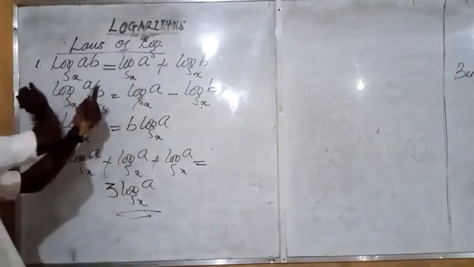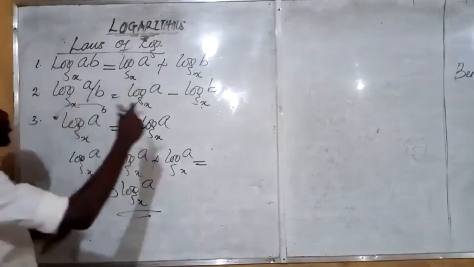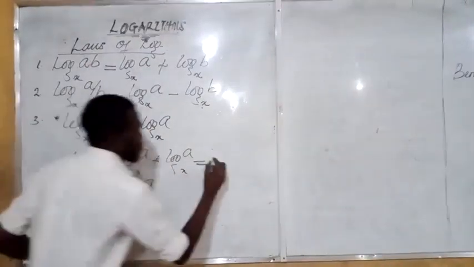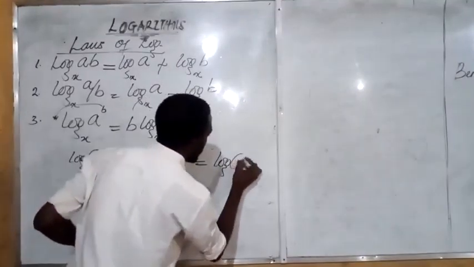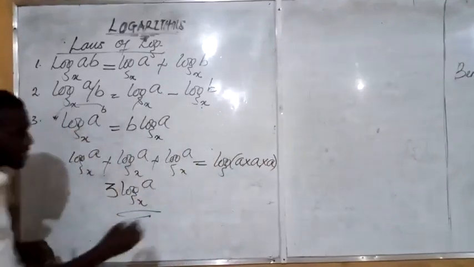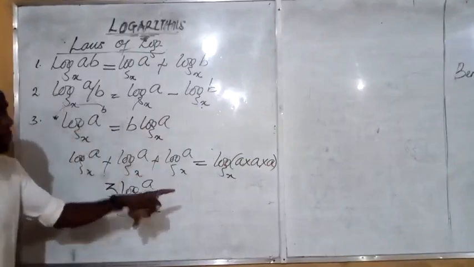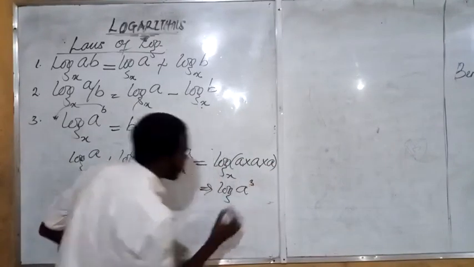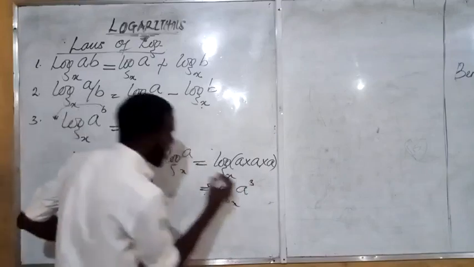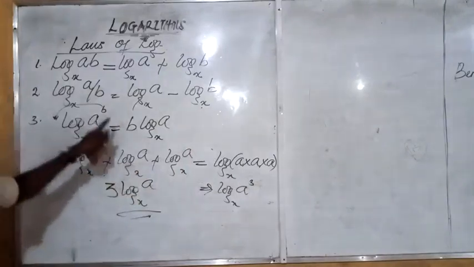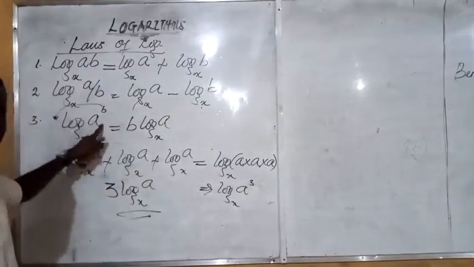If we reverse this, we go to the back. Alright, so if this is equal to this, then it technically means that these came from the log of a times a times a, to the base of x. Does that make sense? So this technically becomes log of a to the power 3, to the base of x. Alright? So you see we have come back to this now.